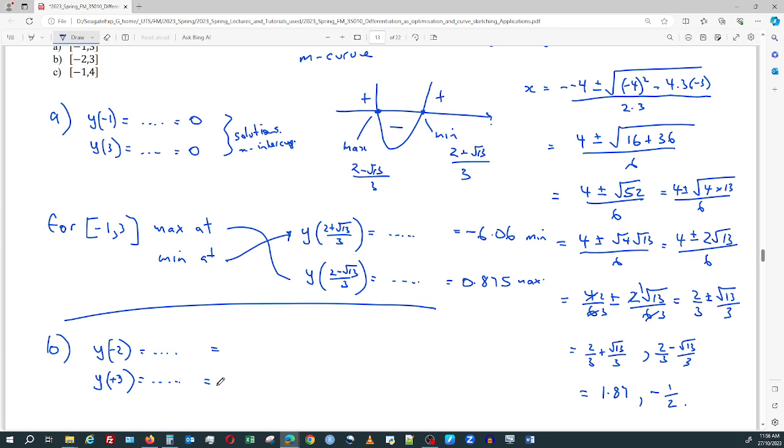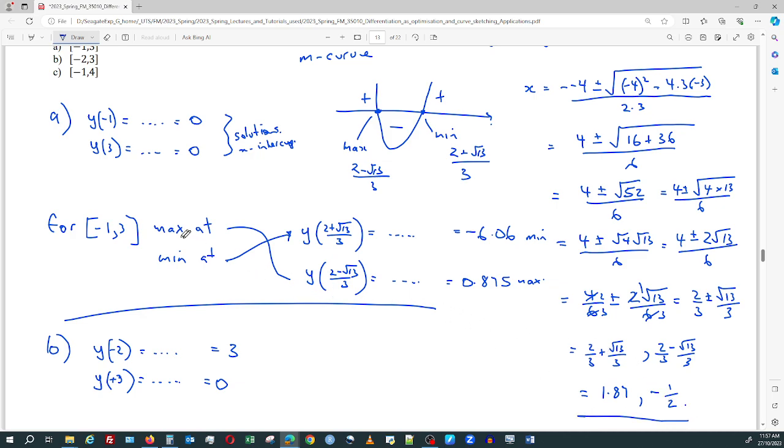So that +3 is still 0 because it was before. Now -2 we would have to check. Okay, so -2, if we put -2 into the function, we get 3.